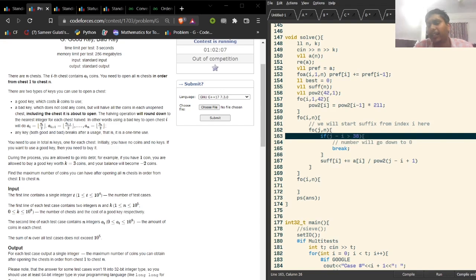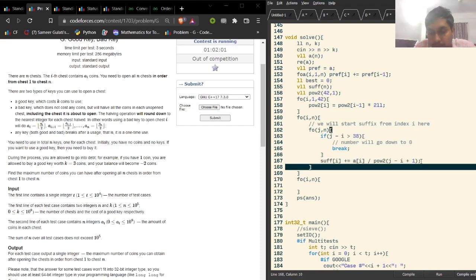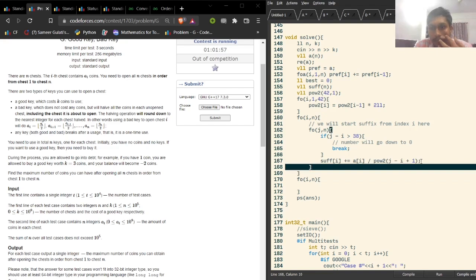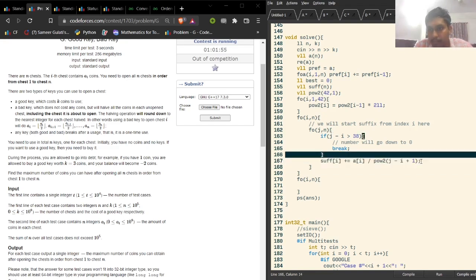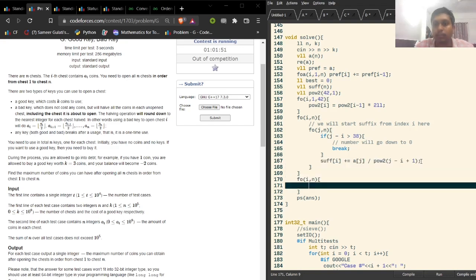Okay, this number is sufficiently large enough. I think this should be fine. We check with the highest possible value we can get by using this method.